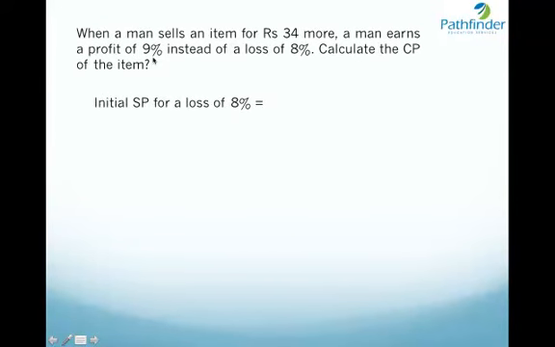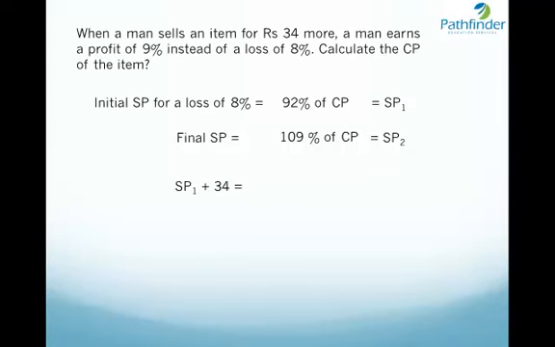So the initial selling price where the man incurs a loss of 8% must be 92% of the cost price. And this is called SP1. Similarly, the final selling price, in which a man earns a profit of 9%, is equal to 109% of CP, represented as SP2.